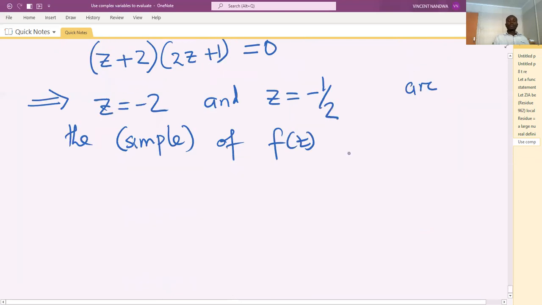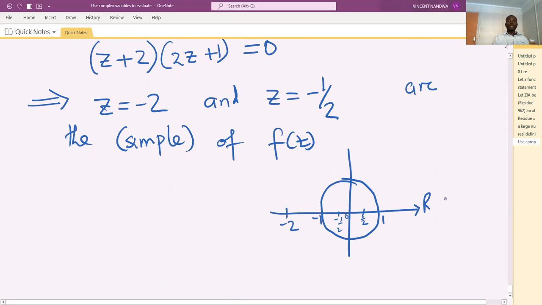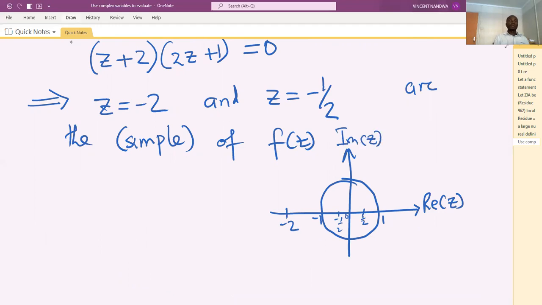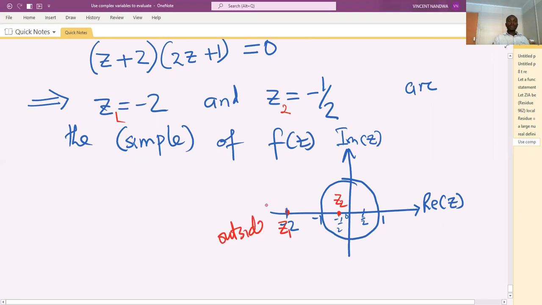Now, if you draw a unit circle, this one, -1, -2, -1/2, 0, half. You should be able to see that of these two values, only one of them will be within the unit circle. If you call this one z1, you call this one z2. So this way we have z2, but this way we have z1. So this is outside. So we don't care about this.